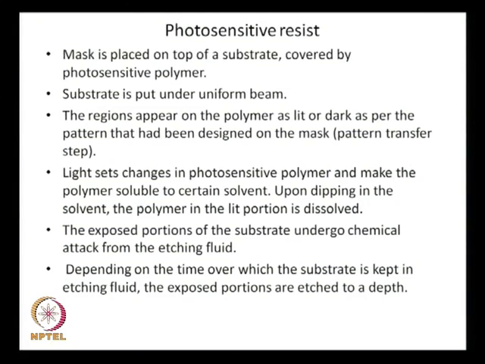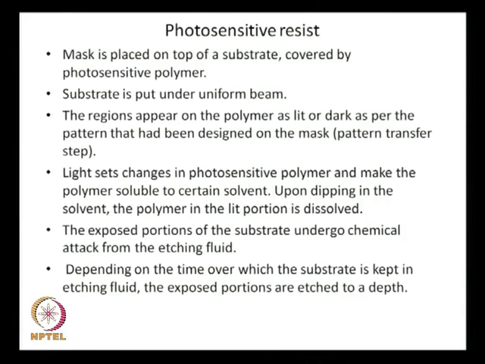Light causes changes in the photosensitive polymer and makes the polymer soluble in a certain solvent. After the exposure to light, you dip this substrate coated with polymer into a certain solvent.